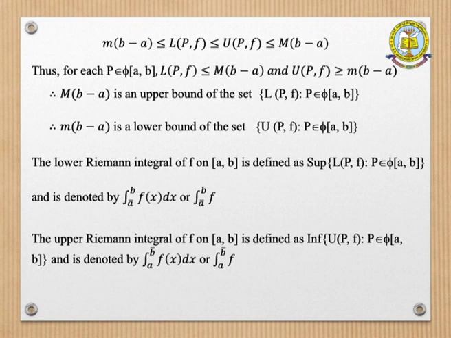That is denoted by the lower integral a to b of f(x) dx, because we do not read it as a bar, it is lower integral a to b of f(x) dx. And the upper Riemann integral, how do you define it? It is the infimum of UPF.